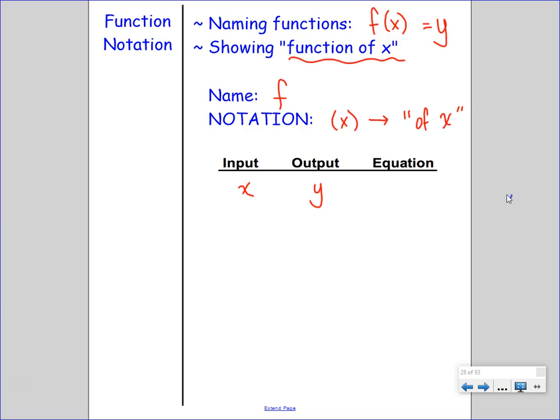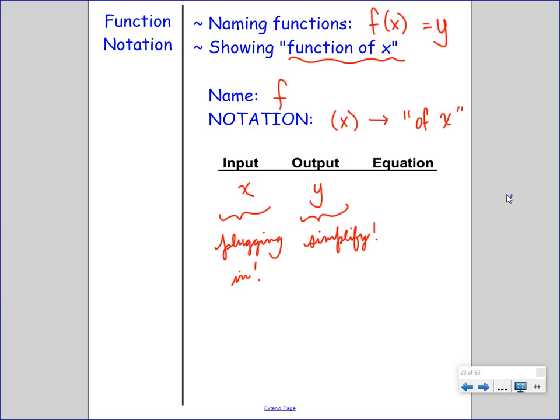T is the most common one. We're putting in a value. So when we're putting in the input, we are just plugging in. And then to get the output, we're simplifying after we plug in. We're plugging in and then we're simplifying.